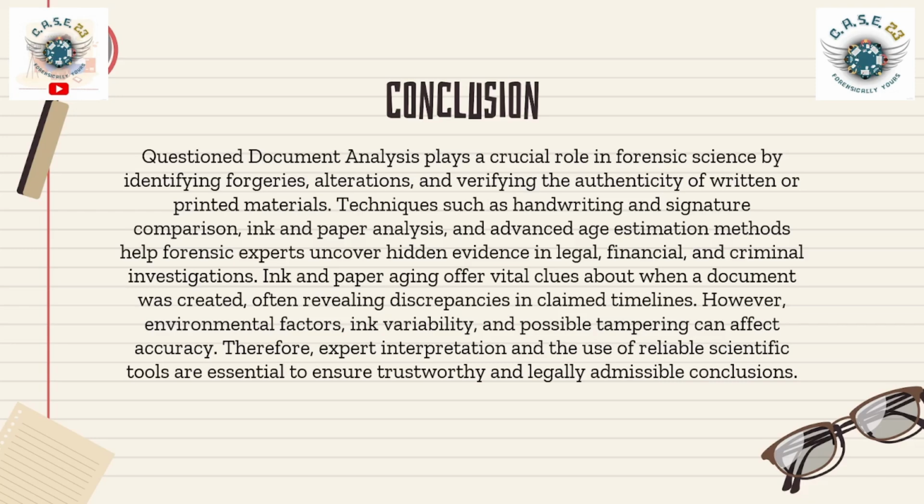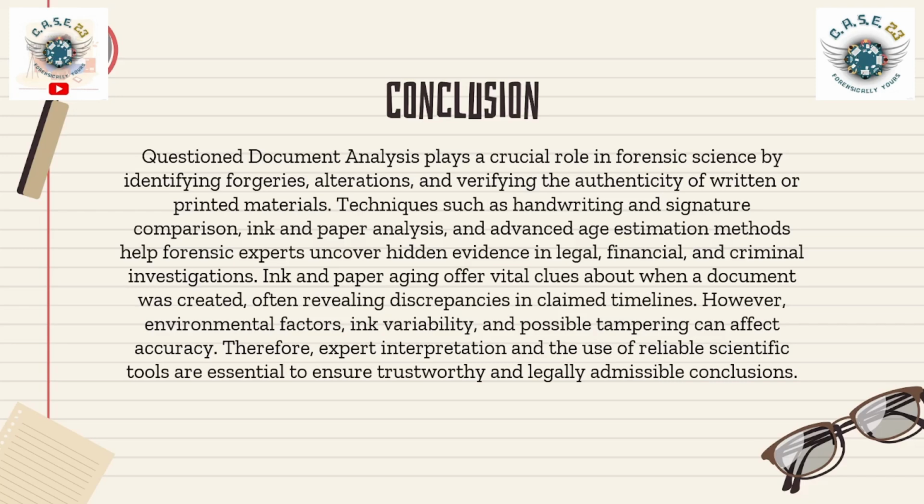Whether it is a check, a will, a property paper, or anonymous threats, documents often carry hidden clues. With the help of handwriting and signature examination, ink and paper analysis, and document age estimation, which we have understood in this video, forensic experts can uncover the truth hidden behind the paper.